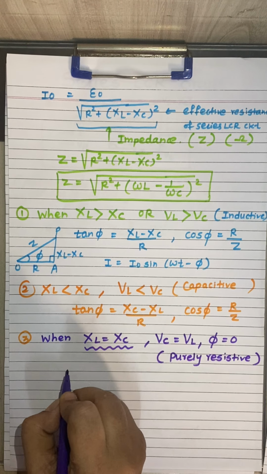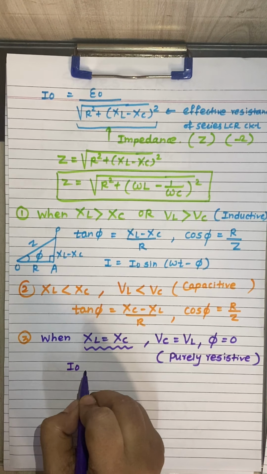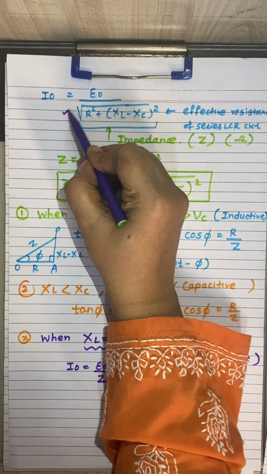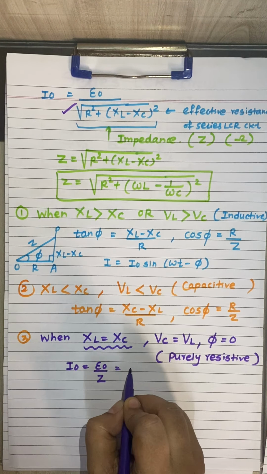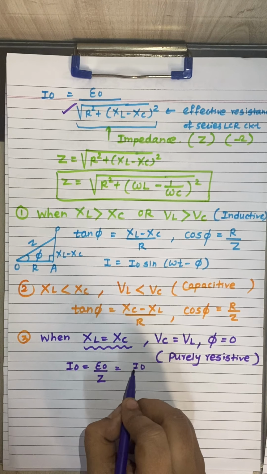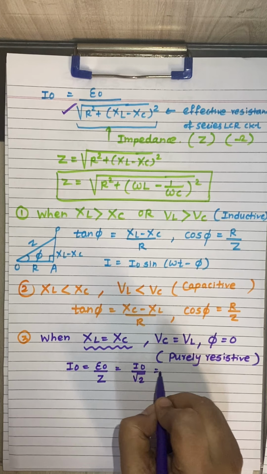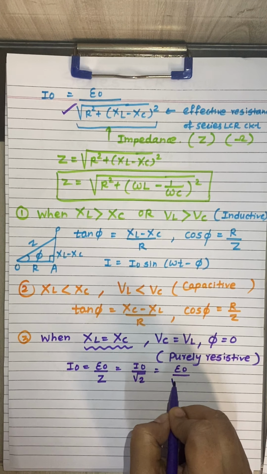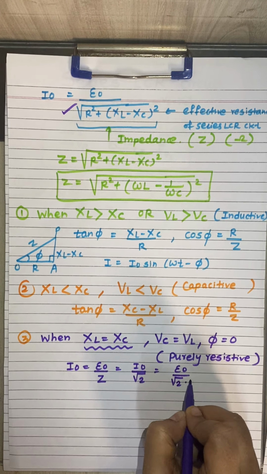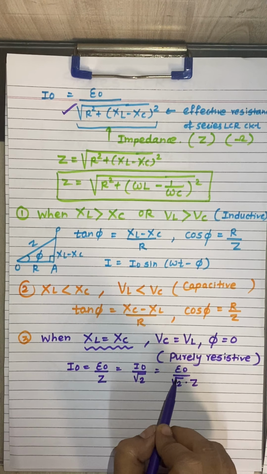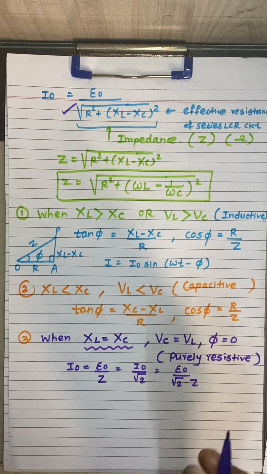Also we can say that at that time I naught is equal to E naught by Z. This formula becomes I naught by root 2 equal to E naught by root 2 into Z. We have converted into the RMS value because the RMS factor is very important for practical purposes.